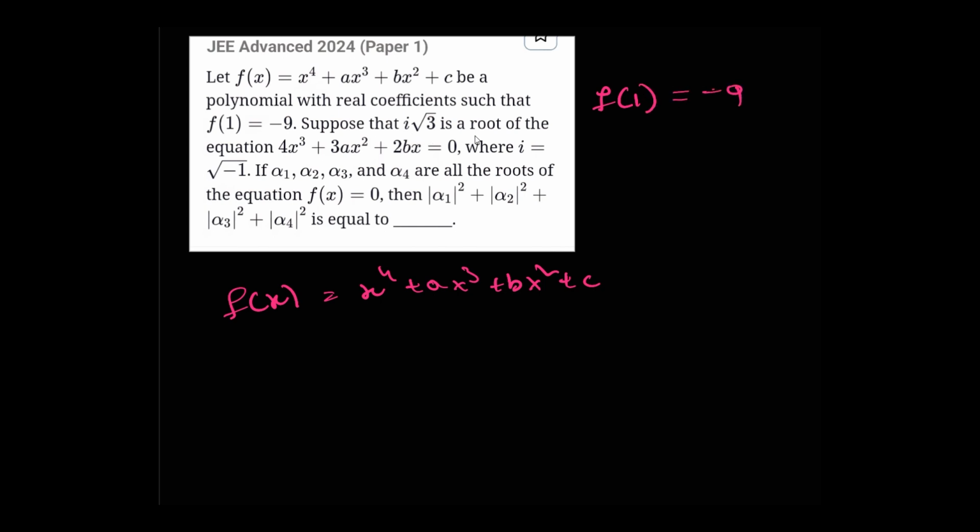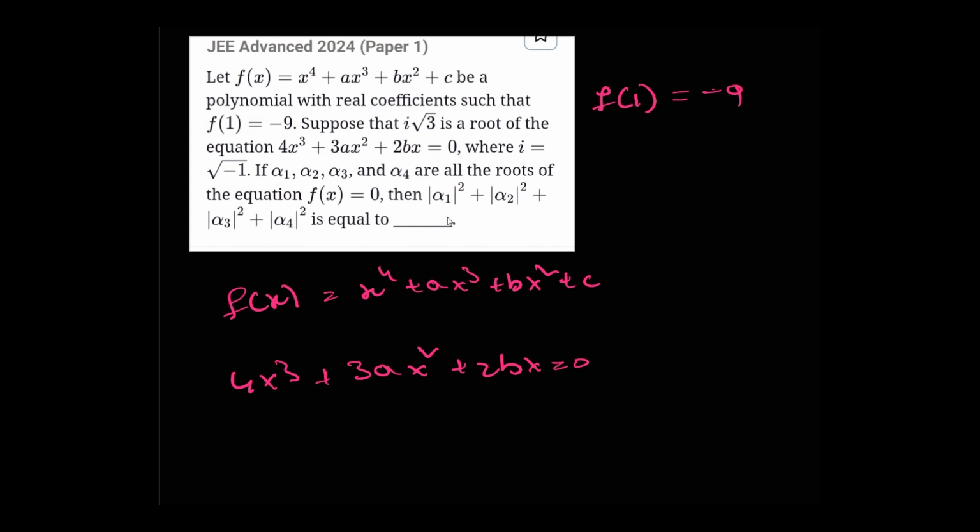Suppose that root 3 i is a root of the equation 4x cube plus 3ax square plus 2bx equals 0. If alpha 1, alpha 2, alpha 3, alpha 4 are roots of the equation f of x equals 0, then find alpha 1 square plus alpha 2 square plus alpha 3 square plus alpha 4 square.